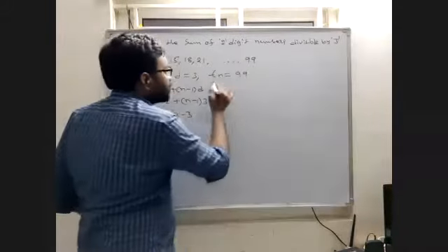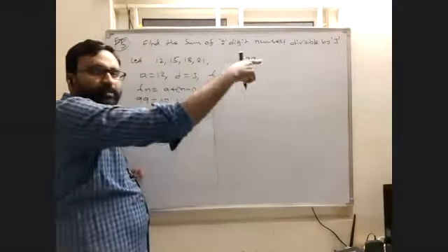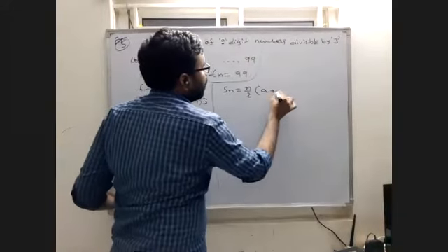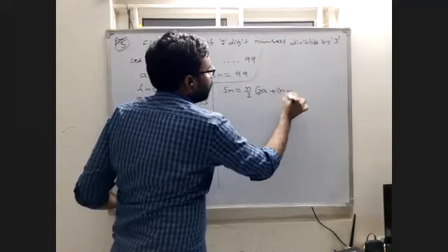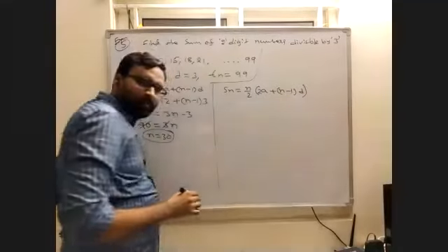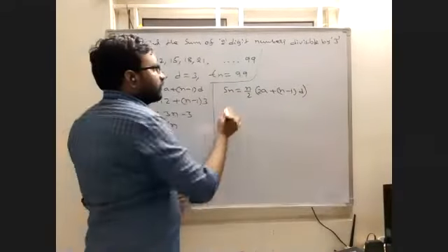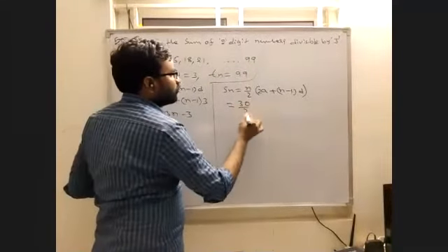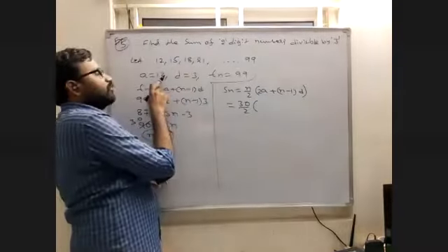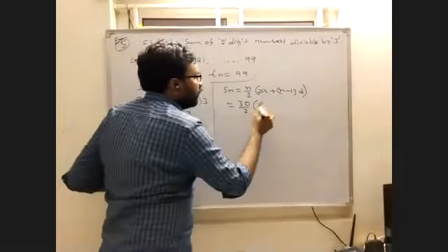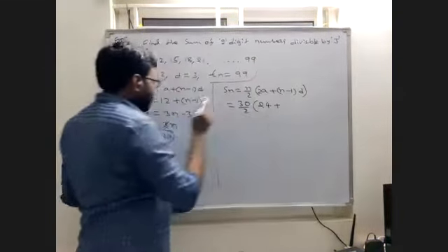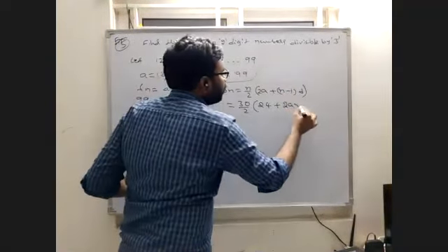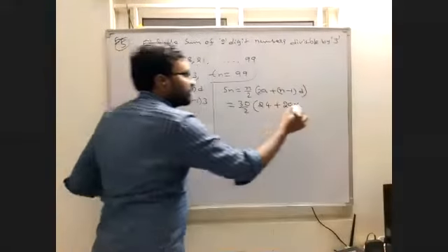Now he is asking the sum of these numbers. That is Sn is equal to n by 2 into 2a plus n minus 1 into d. So this is equal to 30 by 2 into 2a. A is 12, 2 into 12 will be 24, plus n minus 1, which is 30 minus 1, 29, into d, which is 3.